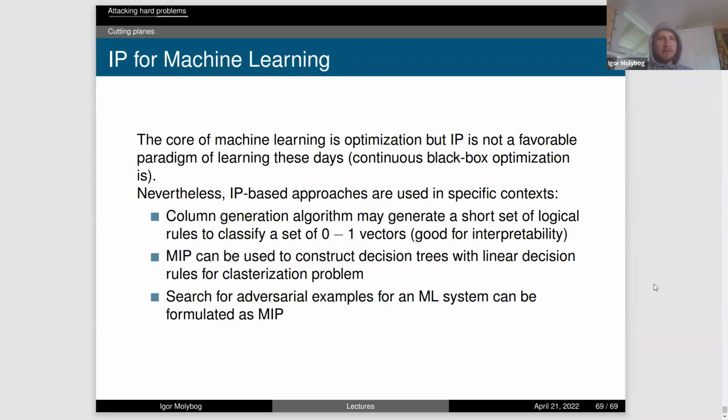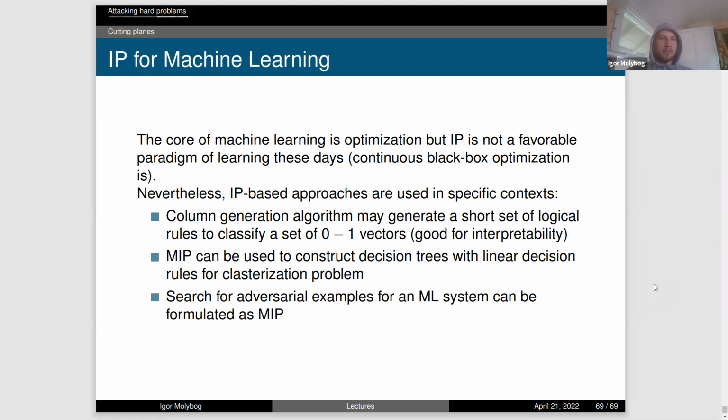And there is also the other direction, which I would say is being less studied. For example, one of the homework questions was about how to formulate the problem of learning a two-layer neural net as an integer programming problem.